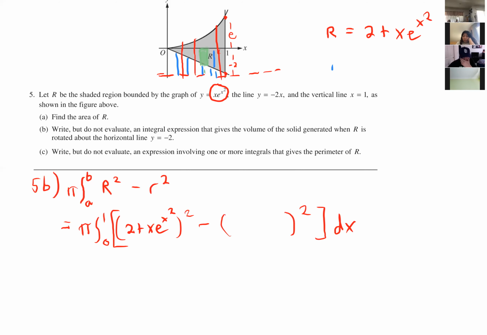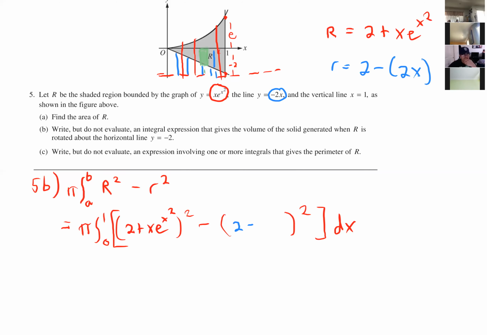So the little radius is going to be 2 minus, well, the y-coordinate of the line is just negative 2x. That already takes care of the negative, though. So you're just going to do 2 minus 2x. So right here, that's what I'm going to write here.